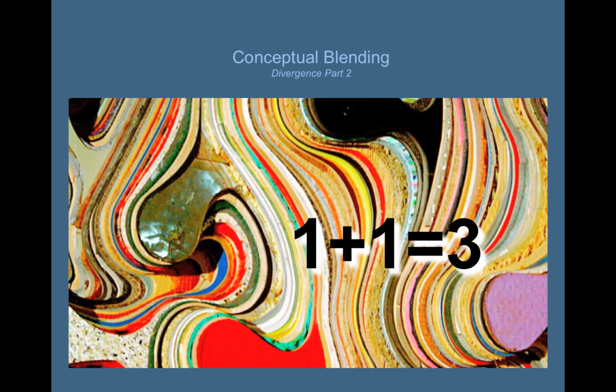The technique that we're going to be looking at next is conceptual blending, which is the idea of taking two things, putting them together, and making something totally different. And that'll be the subject of our next talk.